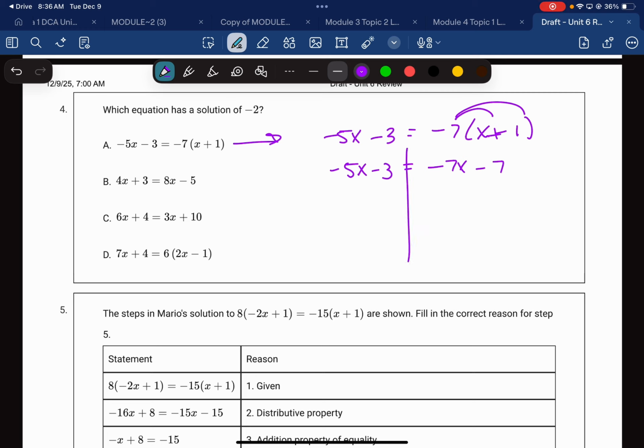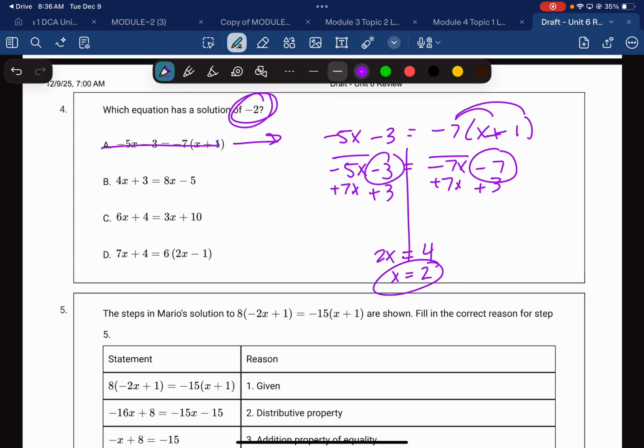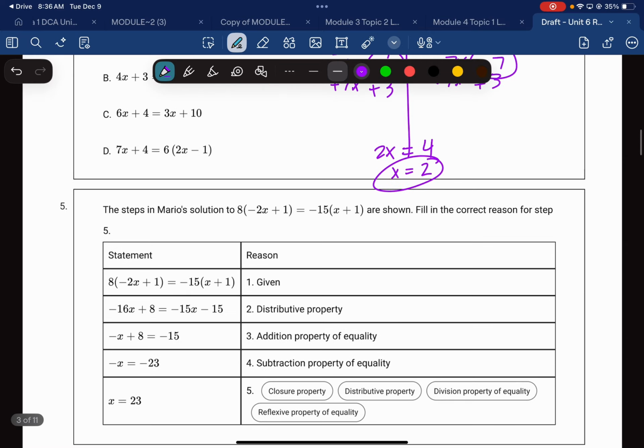Combine like terms. This and this are the same. So I'm going to add 7x to both sides. So that gives me 2x plus 3 plus 3. So that gives me 4. So x equals 2. But we're looking for a -2. So this can't be it. Keep doing each one like that until you find the answer.